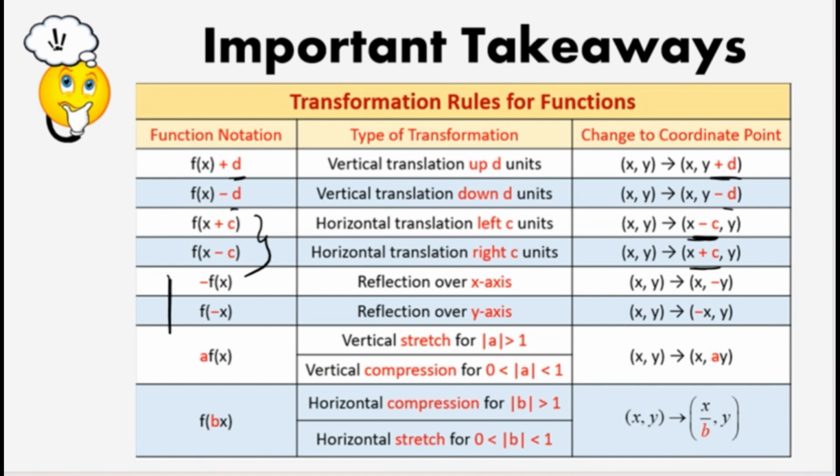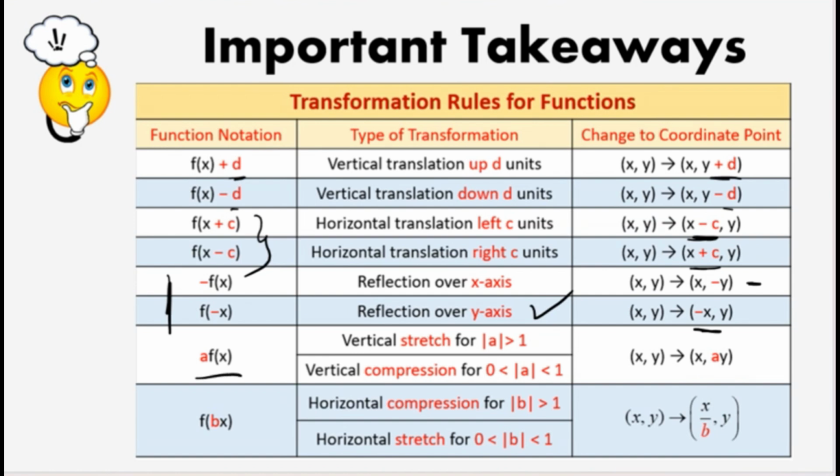This is very important: reflection. Minus f of x is a reflection over the x-axis, so your y coordinate sign will change. If it is minus x inside, then it is a reflection over the y-axis, which means your x coordinate will become negative.